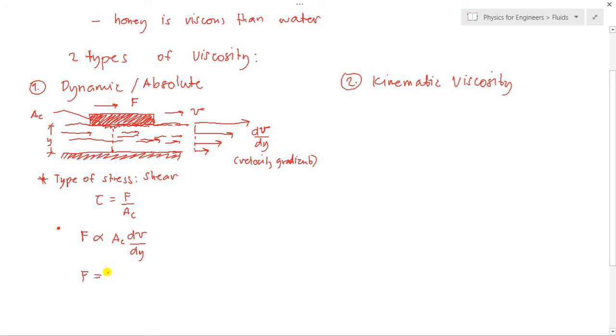So unsa nang proportionality constant ari, that is just equal to our dynamic viscosity. So mo nang nabuhi ning dynamic viscosity, and then multiplied by the cross-sectional area times the velocity gradient.